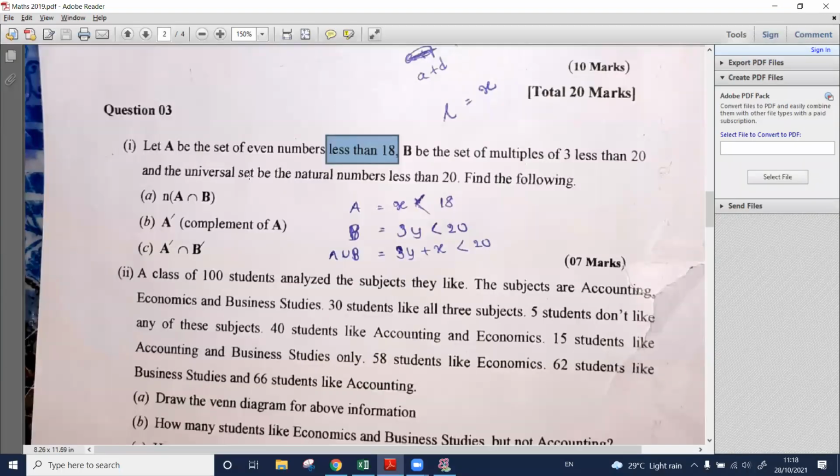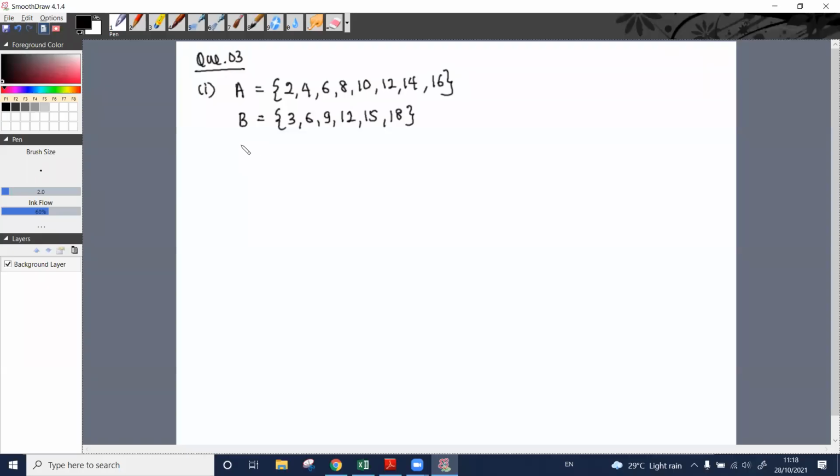And the universal set be the natural numbers less than 20. Universal set equals what it should be? Natural numbers, the positive integers.